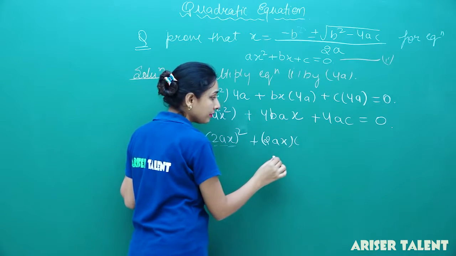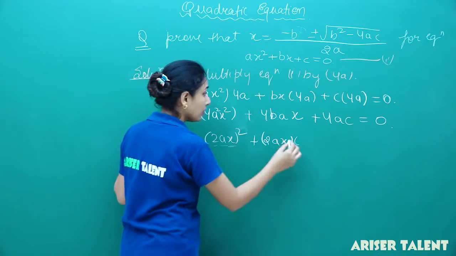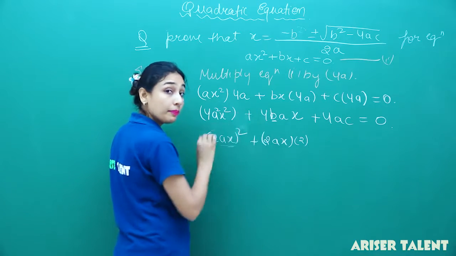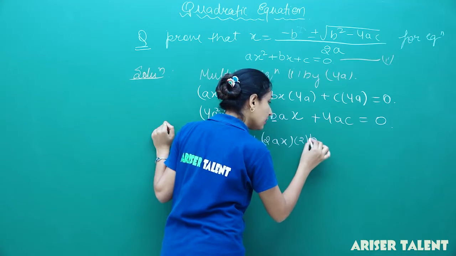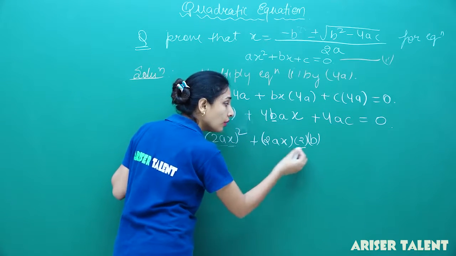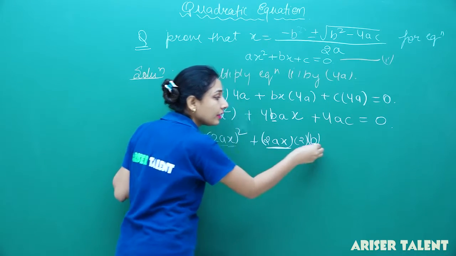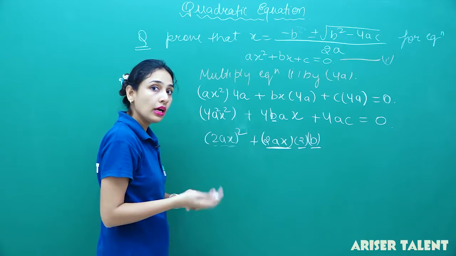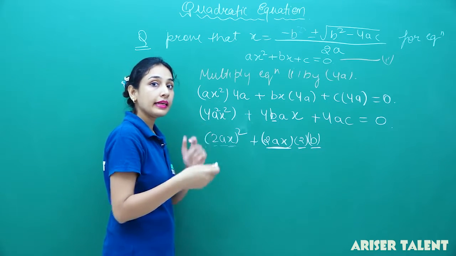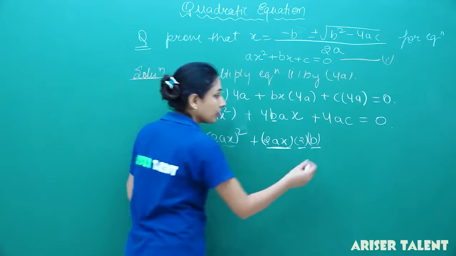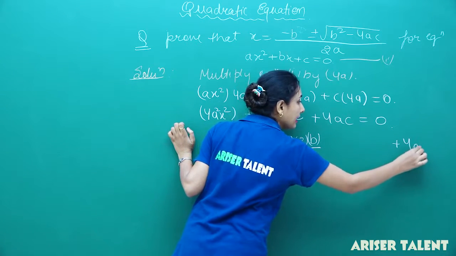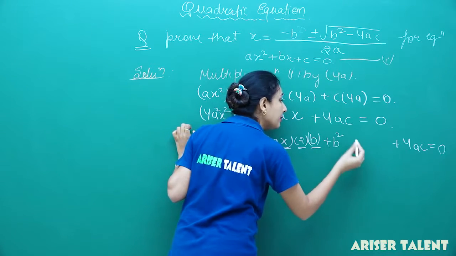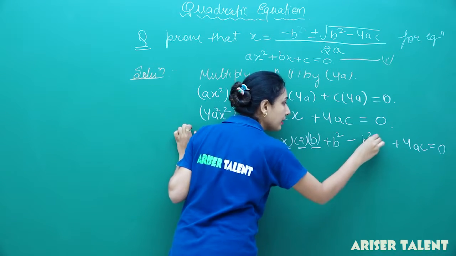You have remained with 2 and then you have remained with this b. Now it is 2ab, so what is b? This. So what I have to do is just square it and add and subtract in this equation. So plus 4ac equals to 0 as it is, and plus b square minus b square here.